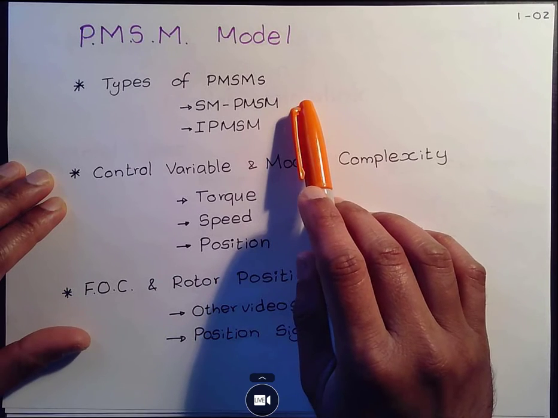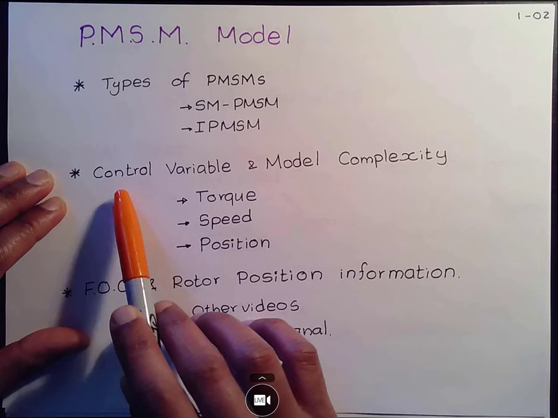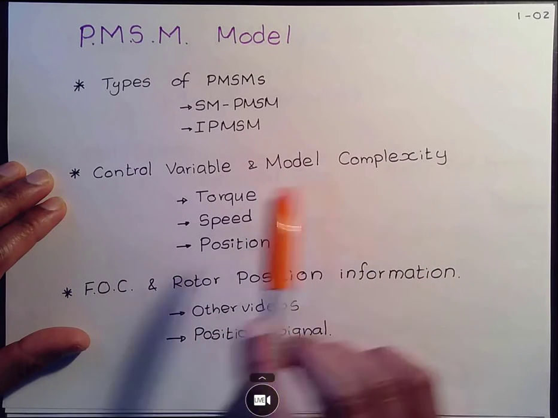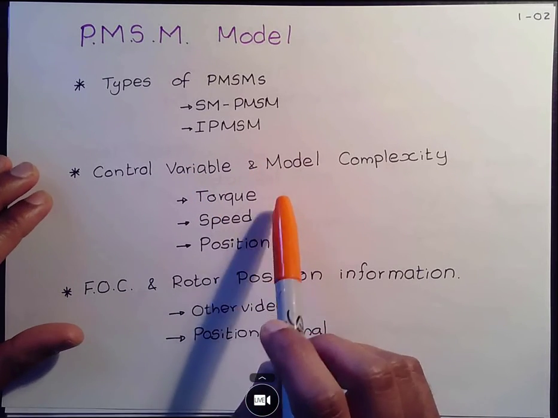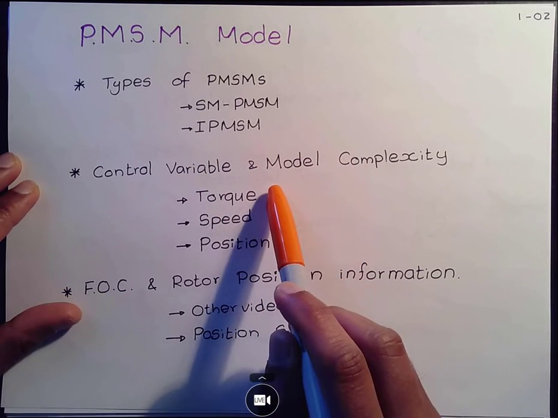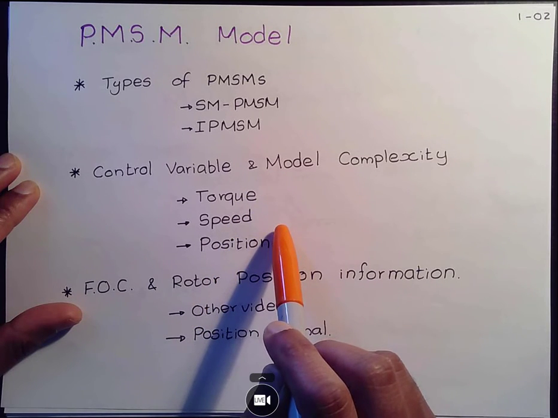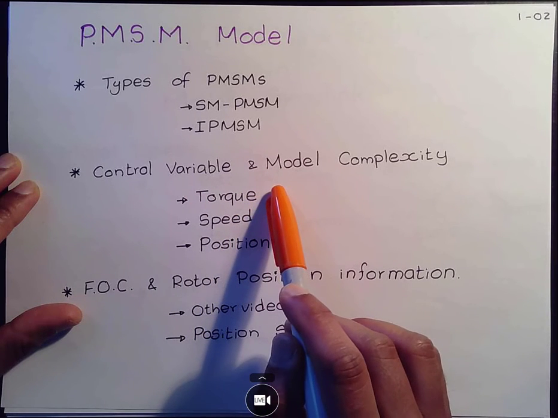Now when you look at the control variable, that adds model complexity. For example, if you are implementing a PMSM with FOC control that performs torque control compared to speed or position control, the torque control model is going to be much simpler.